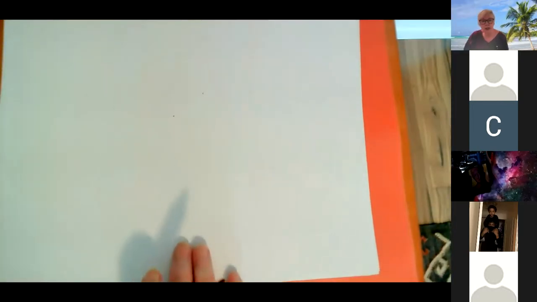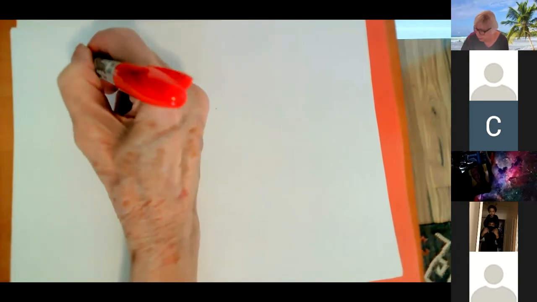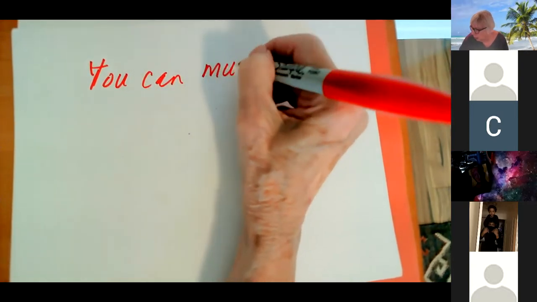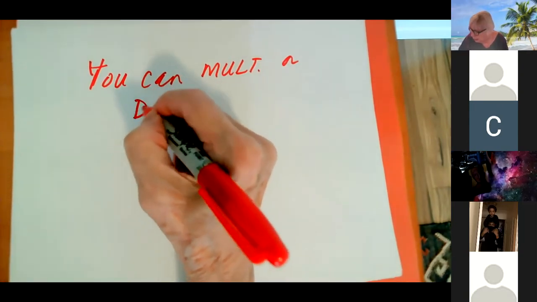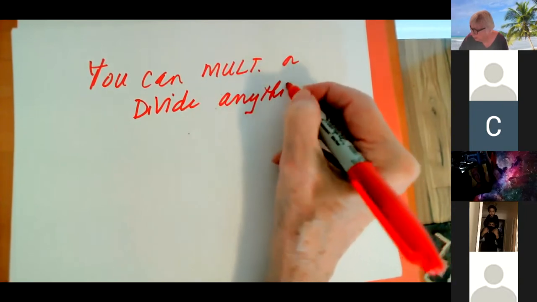But if you remember the second half of this rule, you can multiply or divide anything by anything.